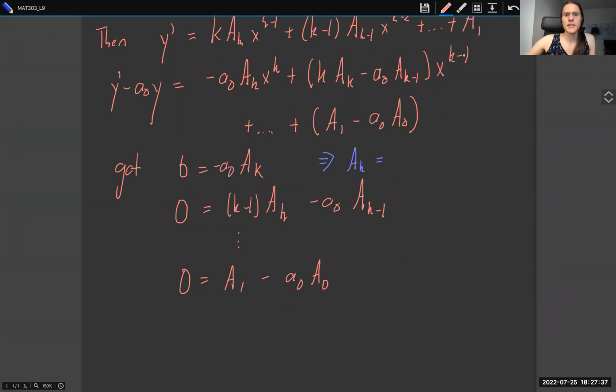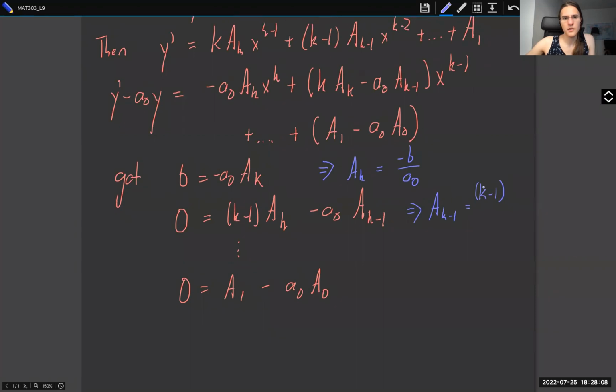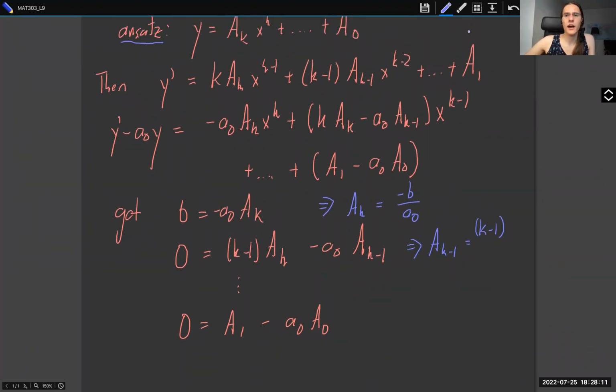Okay, so that tells me that a sub k is minus b divided by a naught. Then what this equation tells me after I rearrange it is that a sub k minus 1 is equal to k minus 1. Sorry, also another mistake. This is k a sub k.